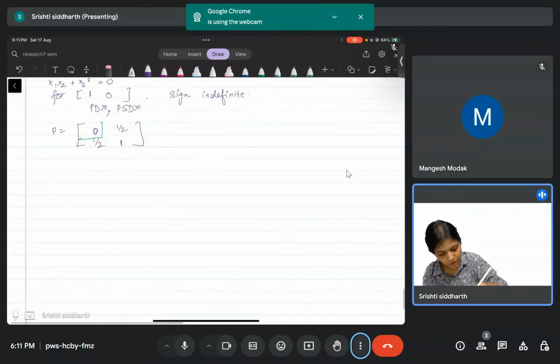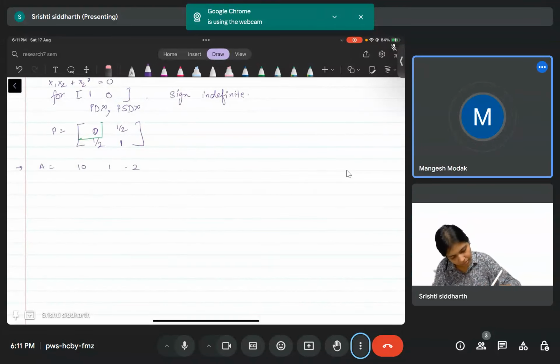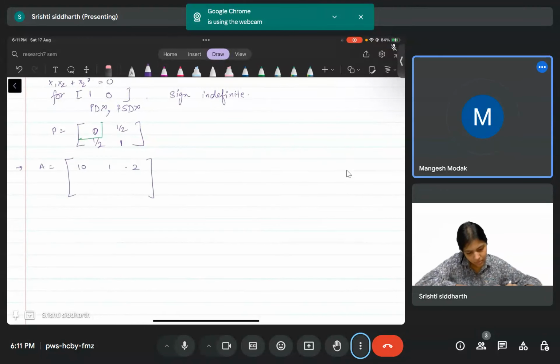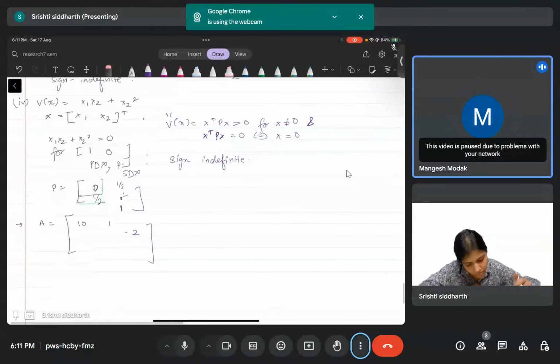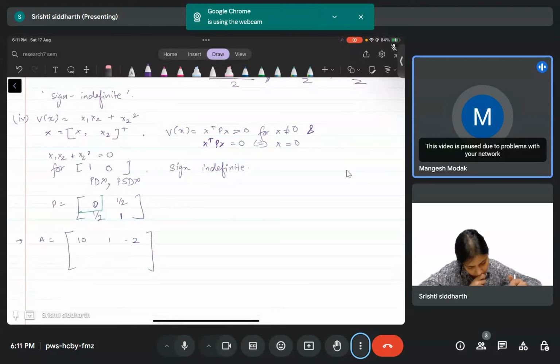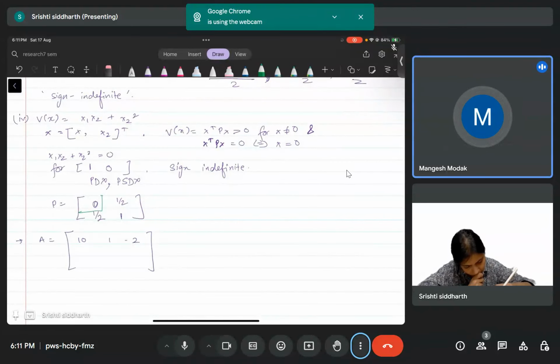Right, so if this is clear, now we have some matrix, a 3 by 3 matrix. So let me just write this down. Then 1, yeah, minus, yeah.